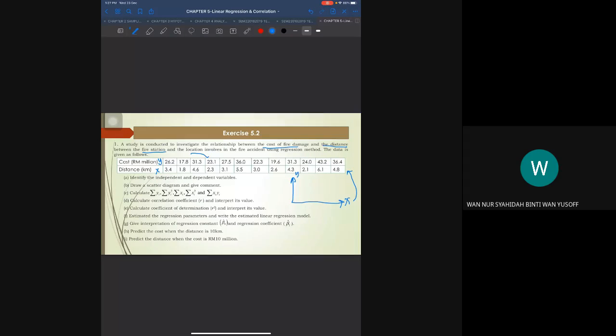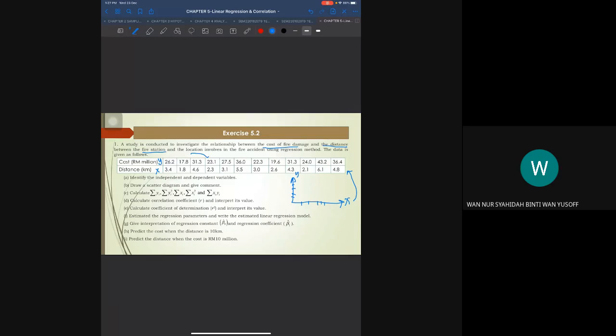The difference may be 2 or 5, depending on the data, but it must be a proper axis so that we can see the trend clearly, whether it is positive, negative and so on. If the axis is not proper, you will lose marks.